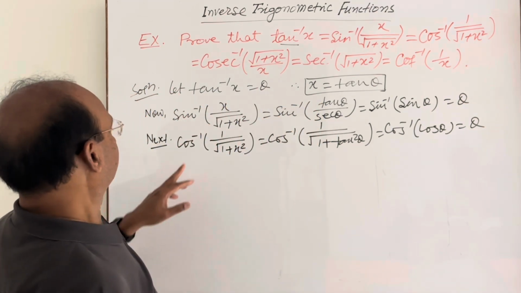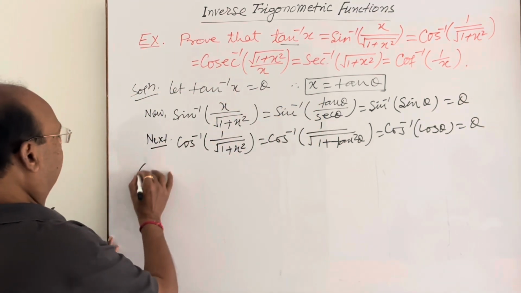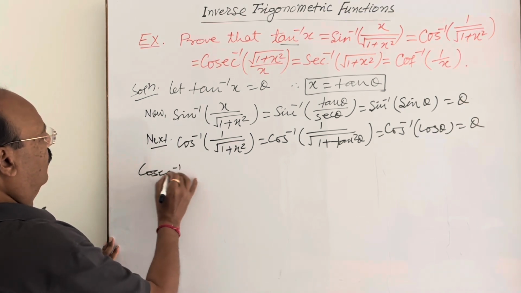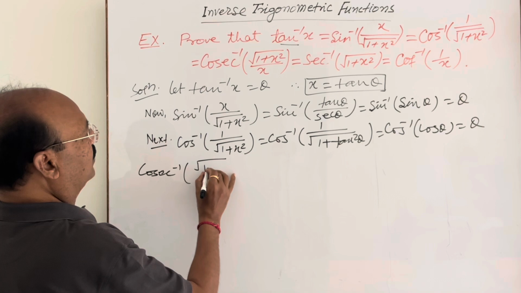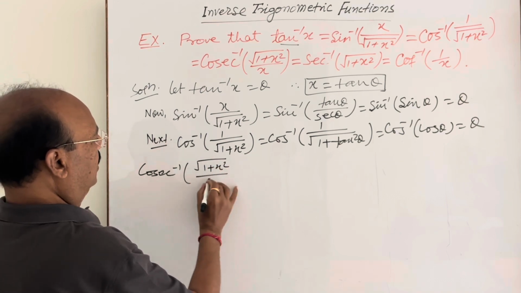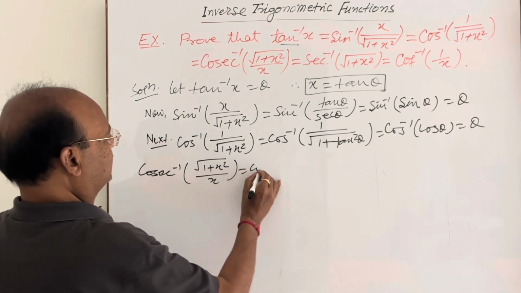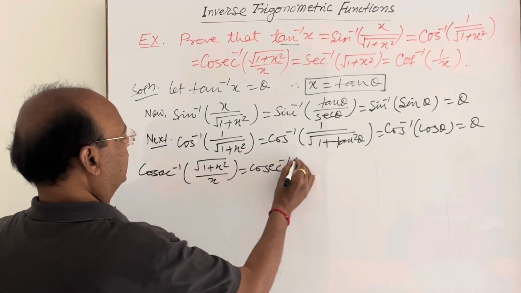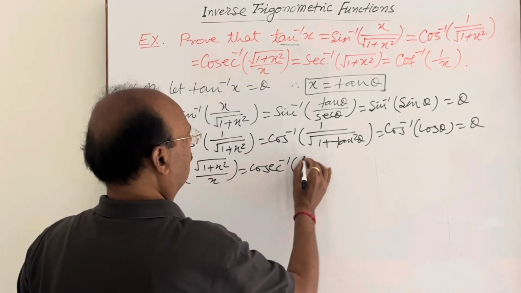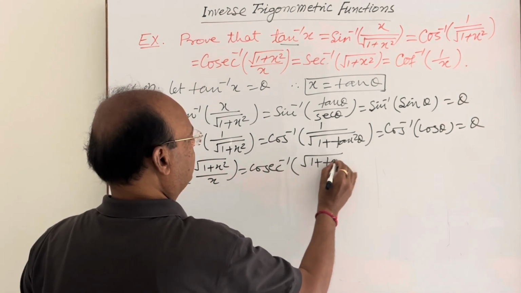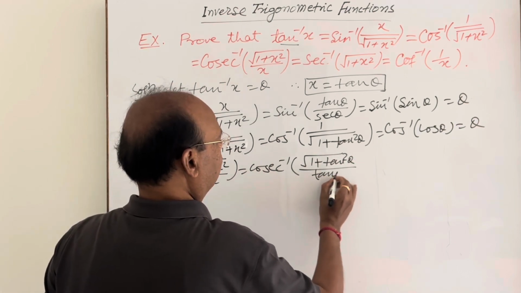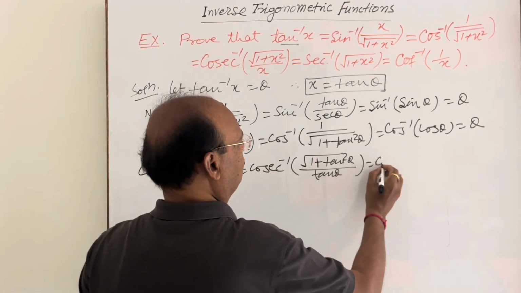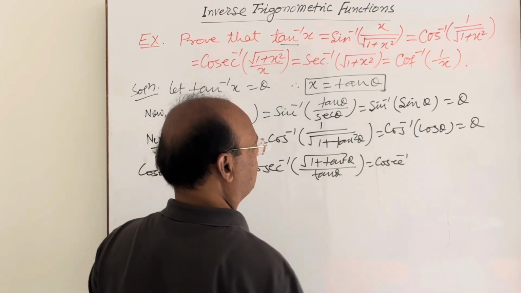Next, cosec inverse of root over 1 plus x square upon x. This is equal to cosec inverse of root over 1 plus tan square theta upon tan theta.